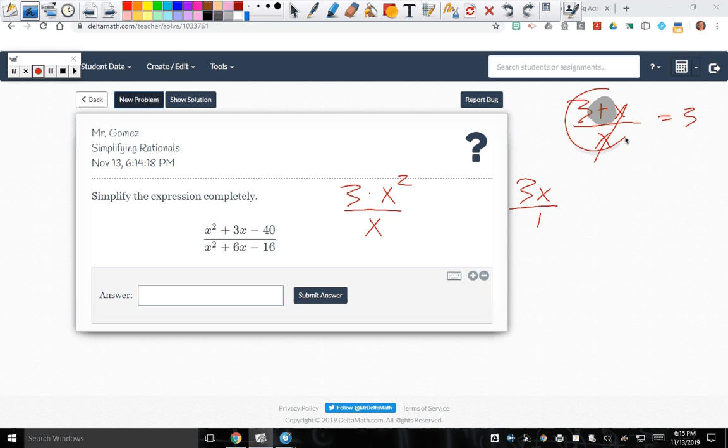See, if I have this addition, I have to break this up into two pieces. Like we did that other example just now, that I would get 3 over x plus 1, which is not the same as that. Okay, so that is a common mistake, trying to cancel between addition and subtraction rather than multiplication.